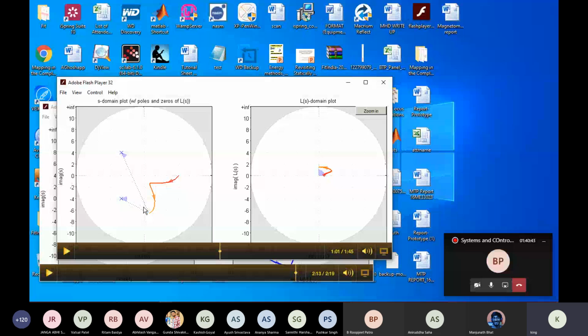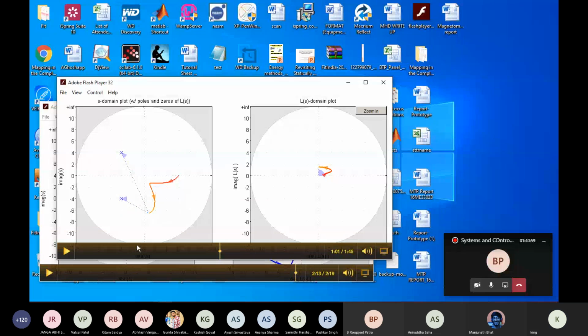Let us say we are dealing with an input circle. When you have a single pole or S, then what happens?